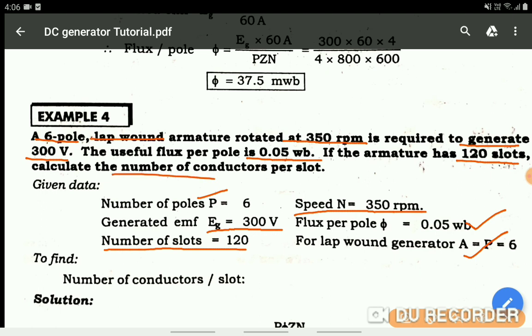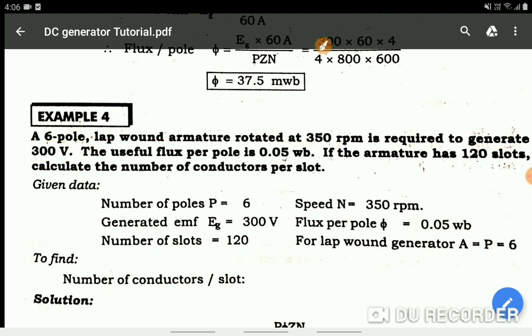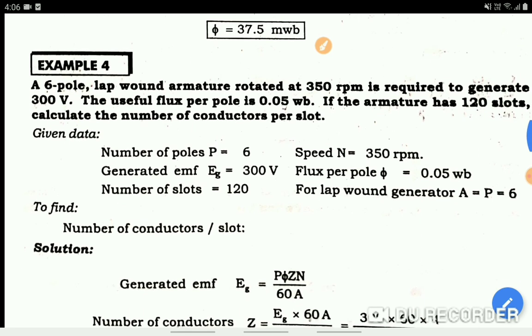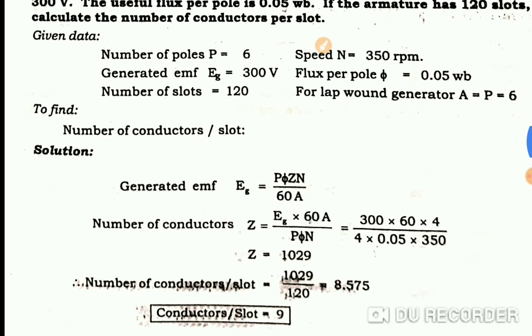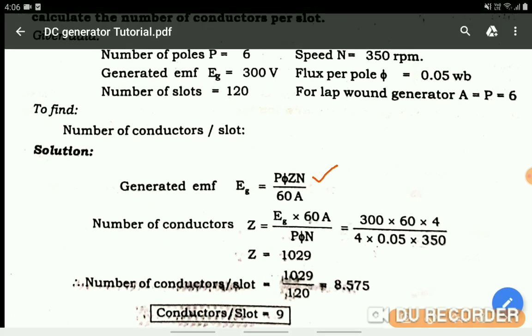How to calculate the number of conductors per slot? We all know the expression EG equal to P phi Z N by 60A. From this we need to calculate Z. So with mere rearrangement, Z equals EG into 60A divided by P phi N. With mere substitution, we find the number of conductors.